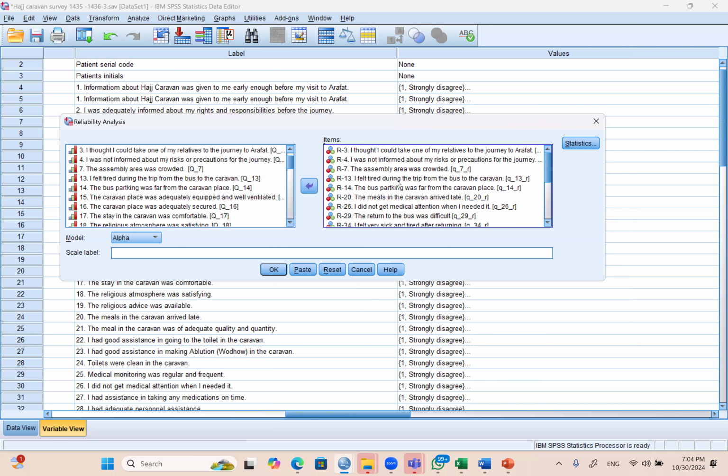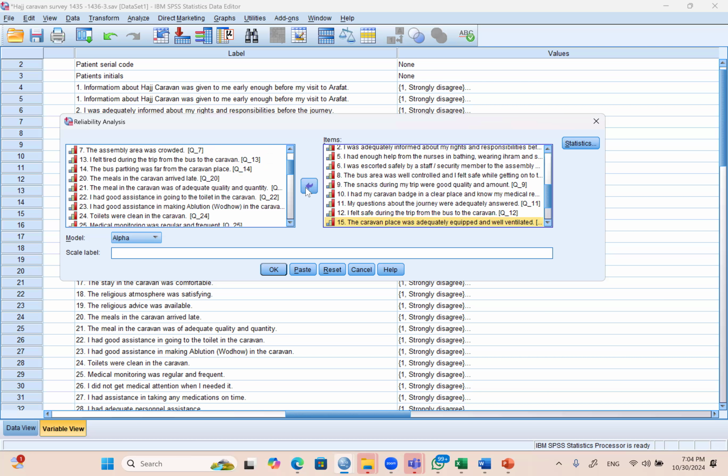We have 13 reversed because it's a negative question. Then we have from 15 to 20, so we take 15, 16, 17, 18, 19. Okay, this is enough. I'm not going to take the whole questionnaire. I'm not reanalyzing the study.